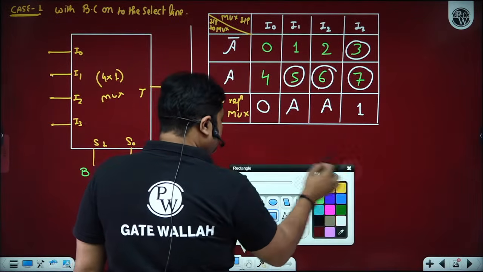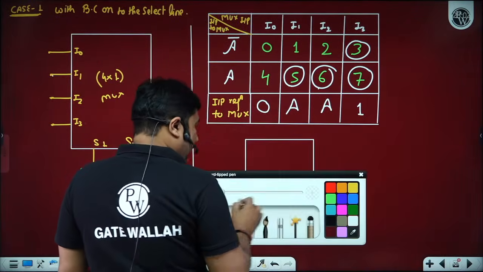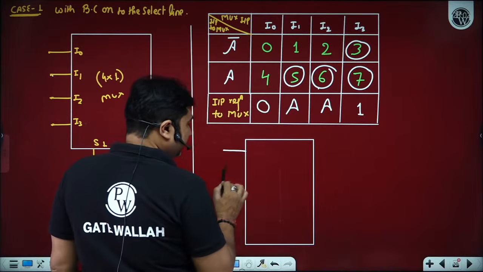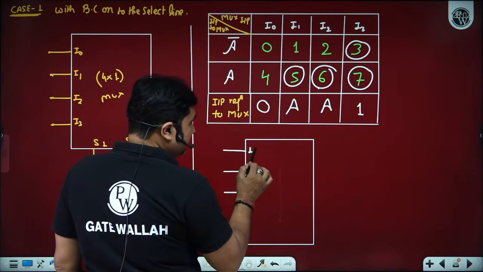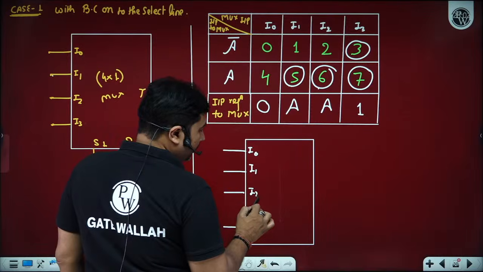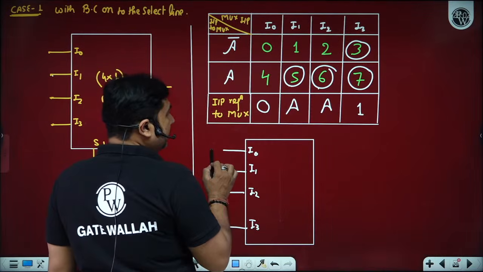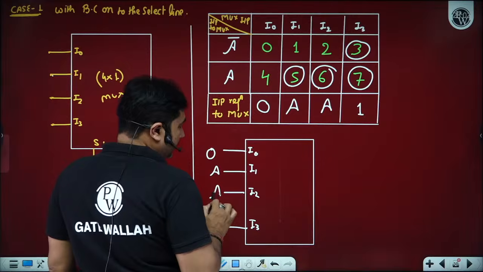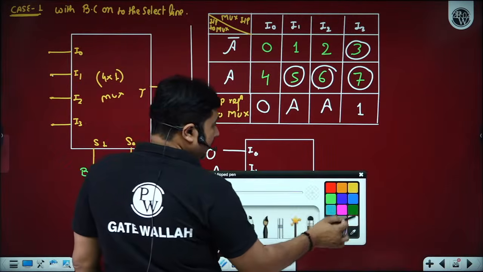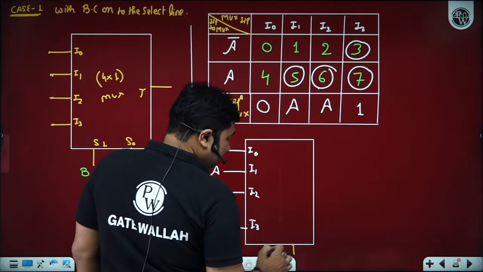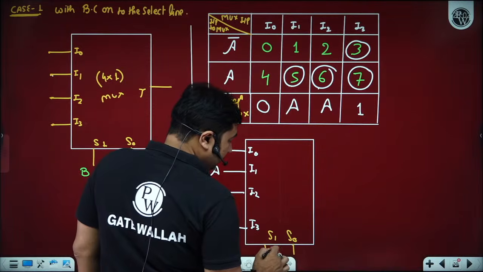As per what we are getting, let's verify. We have the I0 pin, I1 pin, I2 pin, I3 pin. We are getting here 0, A, A, logic level 1. And onto the select lines S0 and S1, we are getting BC.